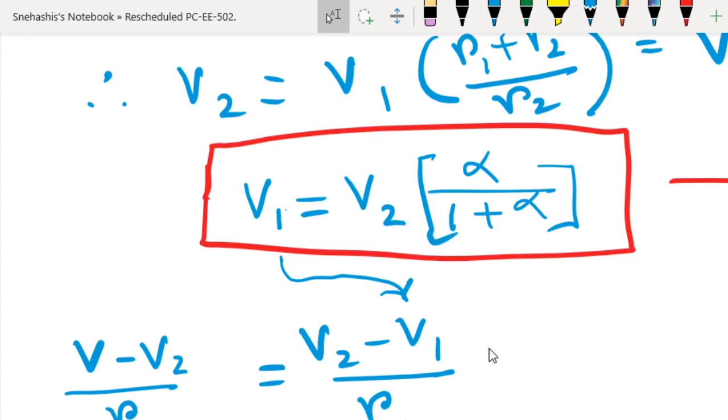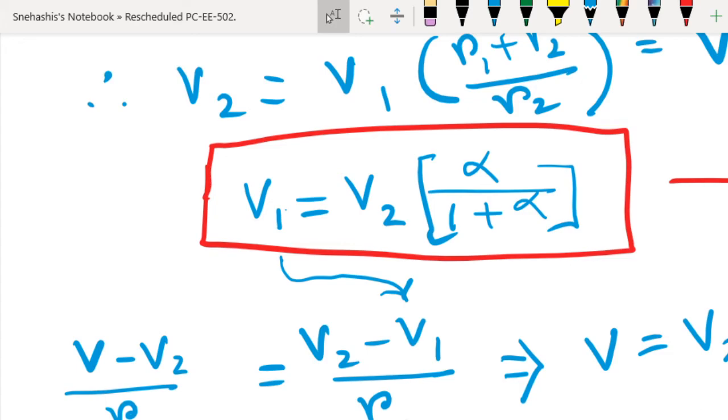Okay, because this is a simple mathematical expression analysis, so I hope that can be skipped at your level at least. So just putting the value of V1 from this expression A, and separating the terms V and V2, we can write that V equal to V2 into 1 plus alpha square divided by alpha into 1 plus alpha.